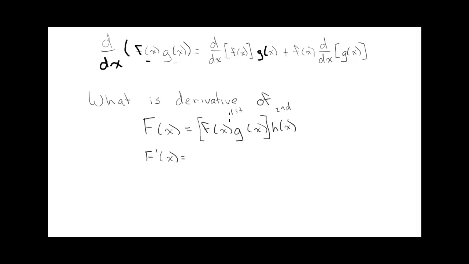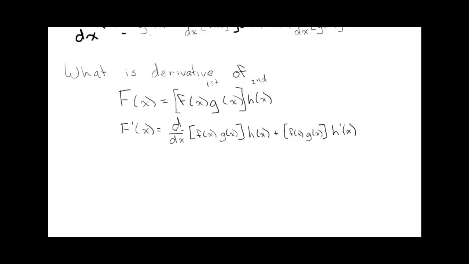So if I want to take the derivative, it's going to be the derivative of the first, which is this big thing, d by dx of f at x g at x, times you leave the second function, plus, now you leave the first function, and take the derivative of the second function.